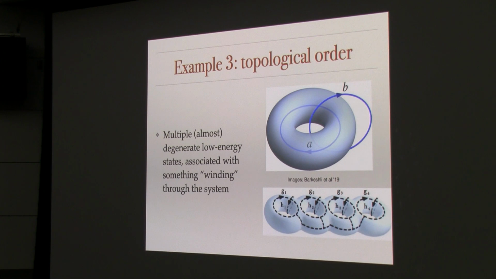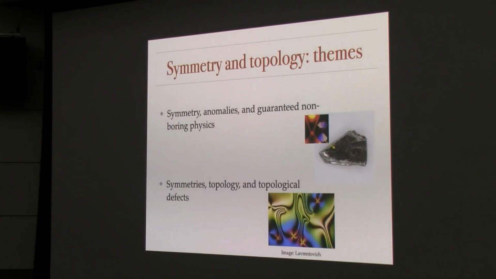And so what I'd like to do in this talk is tell you about some of my favorite examples of how symmetry and topology talk to each other to allow us to understand different kinds of phases of matter. The two themes that are going to run through this talk are, first, the relationship between symmetries in condensed matter systems and anomalies, which you might encounter in a more field theoretic context, and something interesting happening at the boundary.